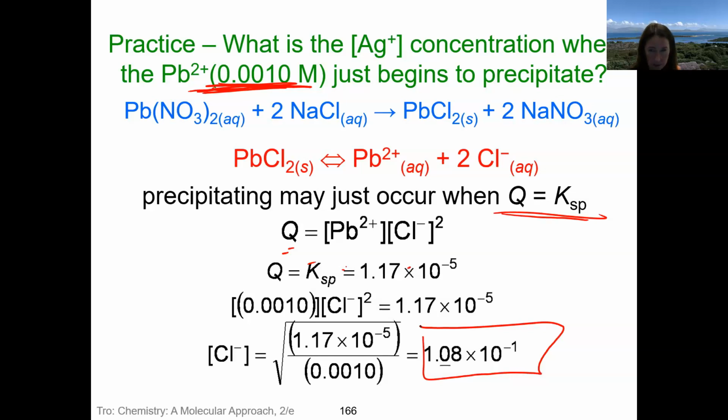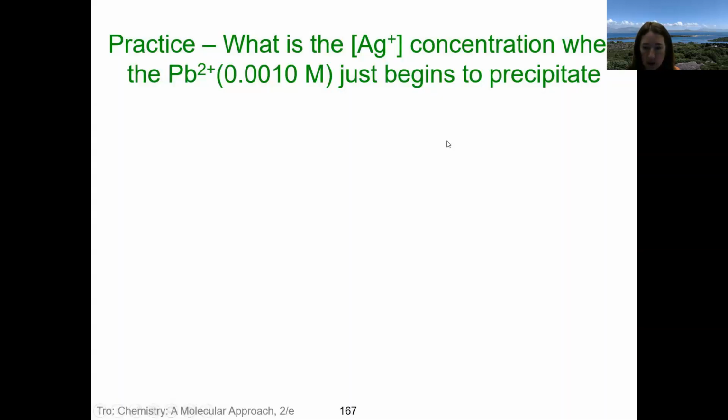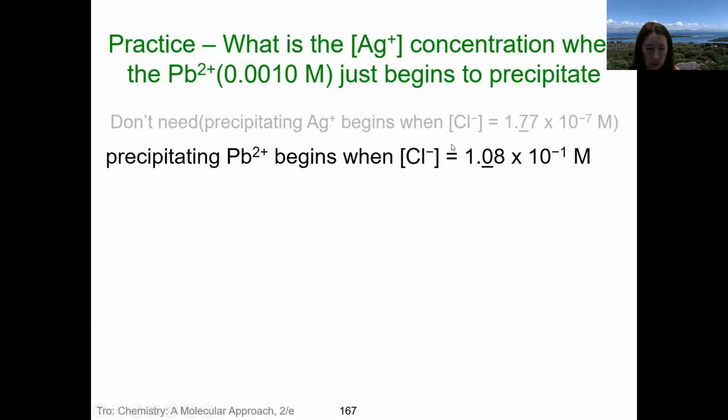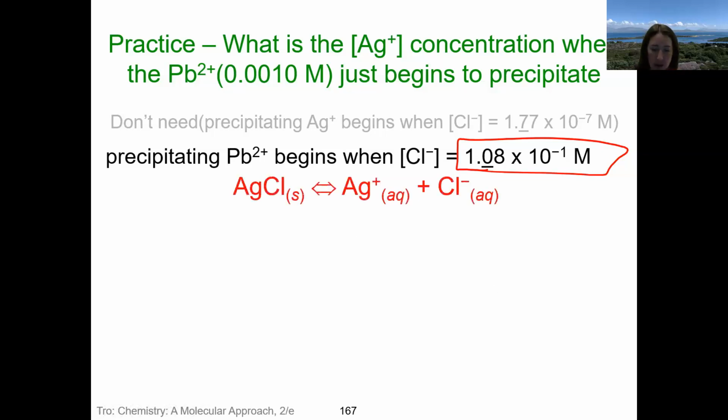Okay. So now here's our Cl minus concentration. We're going to use that 1.08 times 10 to the negative 1. This is the one we need. Okay, so now let's figure out our AgCl. We already know our Cl. Now we're going to calculate our Ag.